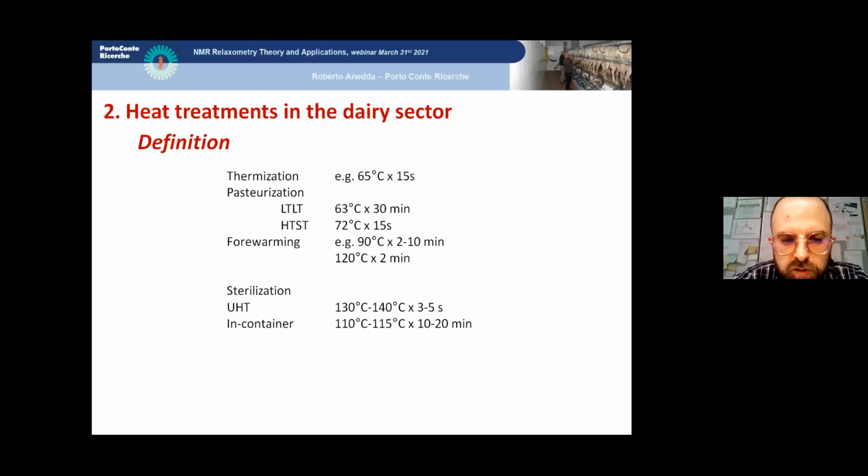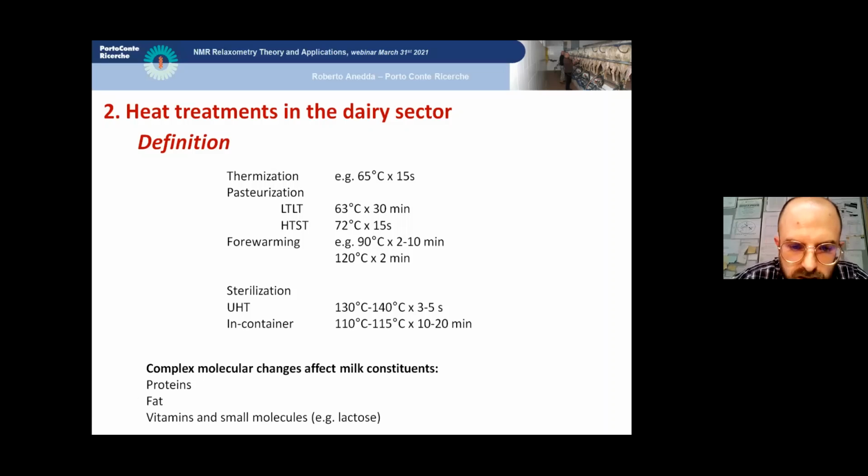This is the most common process in which milk is treated at very high temperature, 120 to 140 Celsius degrees for a few seconds. Thermal treatments are particularly important as they preserve milk salubrity by killing pathogens, as we said before. However, thermization causes also many other molecular alterations in milk, and also in milk-derived products and dairy products.